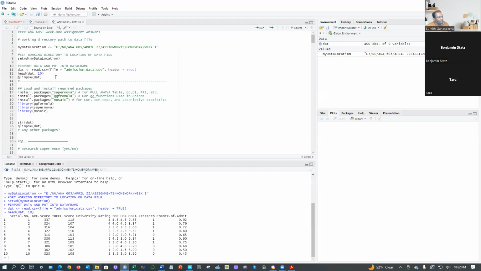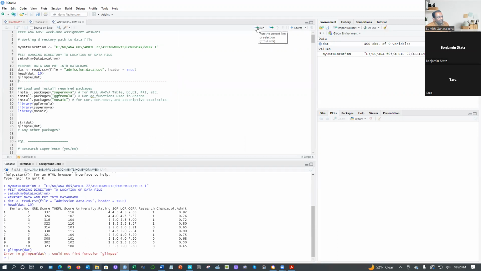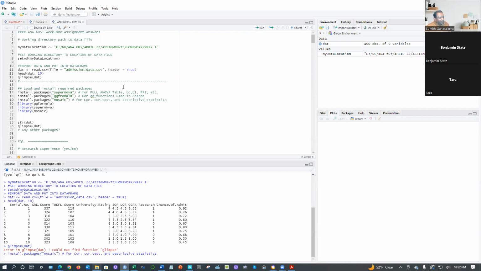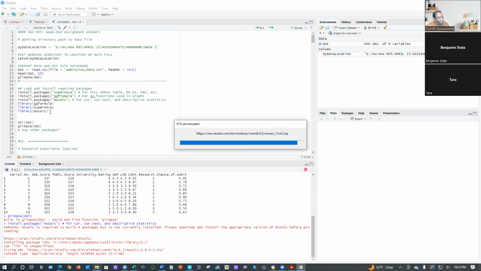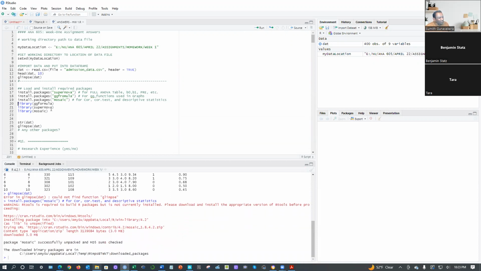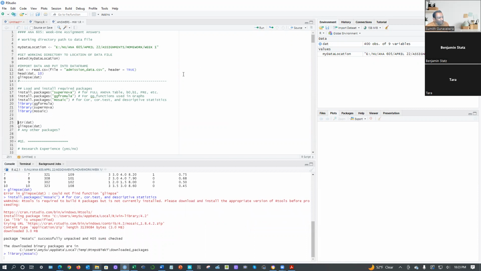Data, glimpse. Okay, I cannot give the glimpse until I install the package mosaic. And let's load it.